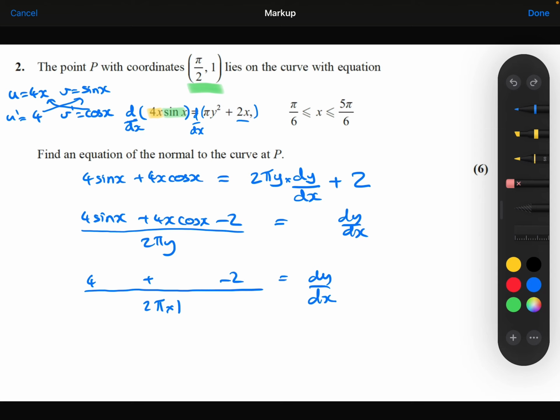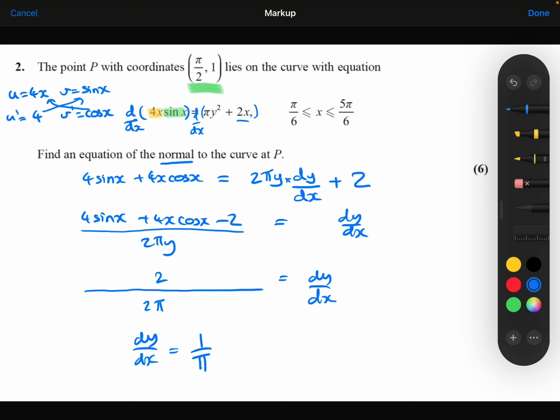So my numerator is just 4 minus 2, which is 2. So I get 2 over 2 pi, which is just going to simplify to be 1 over pi. So dy by dx is 1 over pi. That's the gradient of the curve at point P.